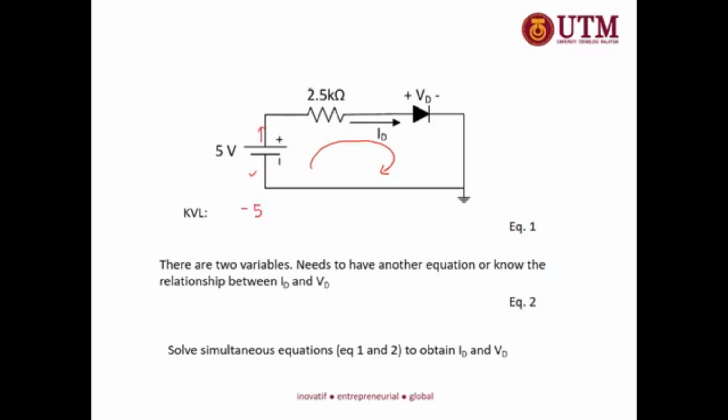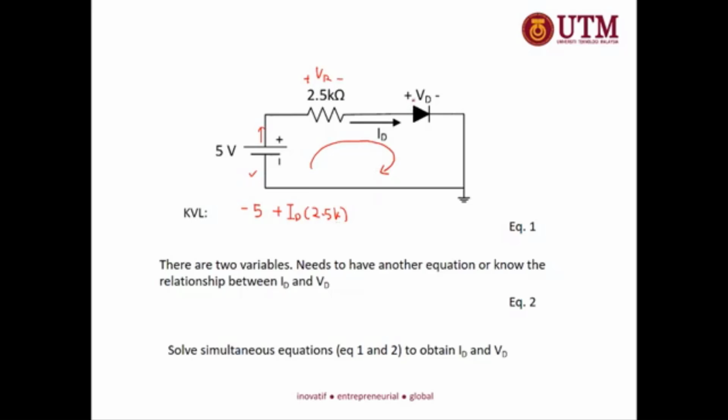And then next is the resistor. Let's call the voltage drop VR here, positive and negative. The current flow is entering the positive terminal, so we have positive VR. VR is equal to ID times 2.5 kilo ohm.